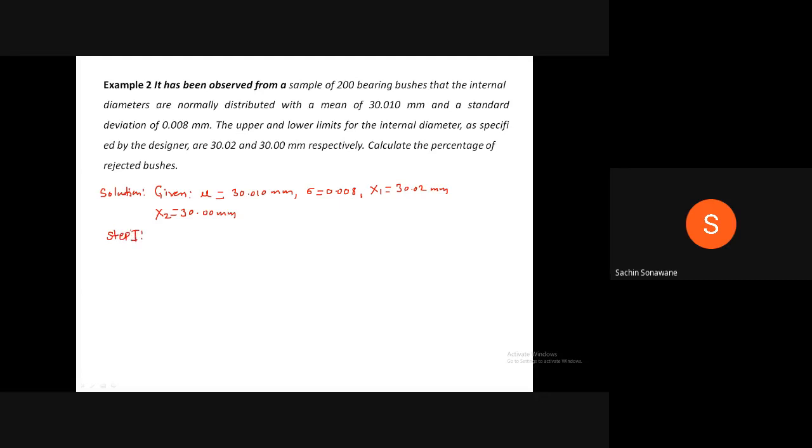Now step 1. First of all, we have to calculate standard variables Z1 and Z2.